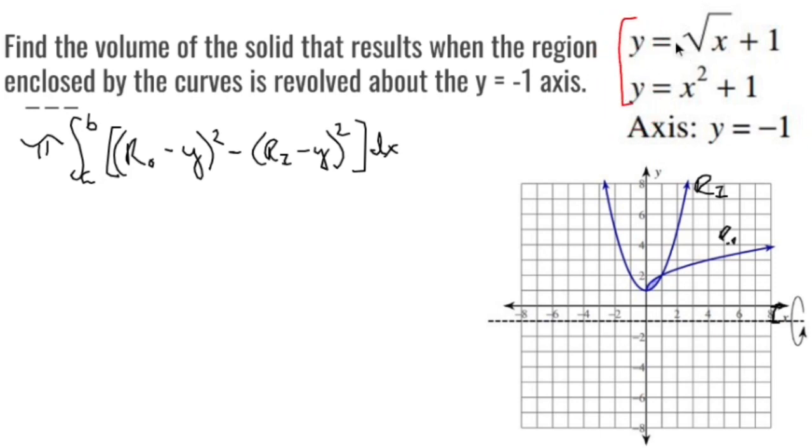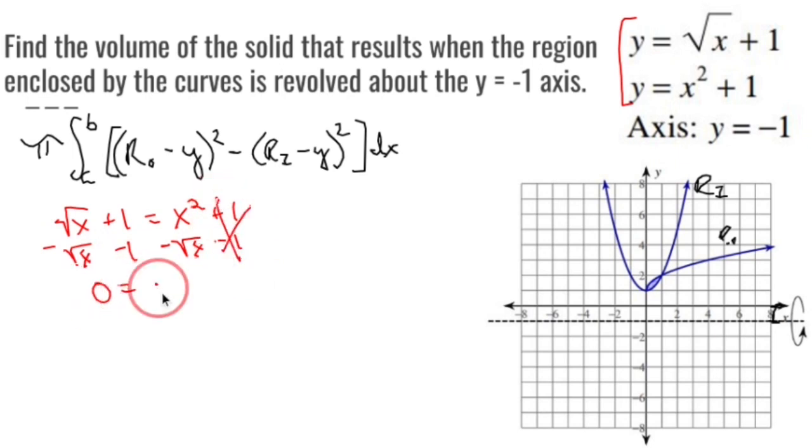We're going to pretend that that's a system of equations, and we can solve that using substitution and say root x plus 1 equals x squared plus 1, bada bing. Let's set this equal to 0. Let's subtract root x. Let's subtract 1. That goes away, and you have 0 equals x squared minus root x.